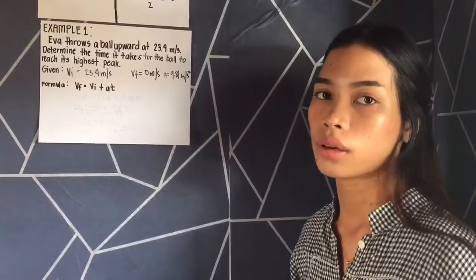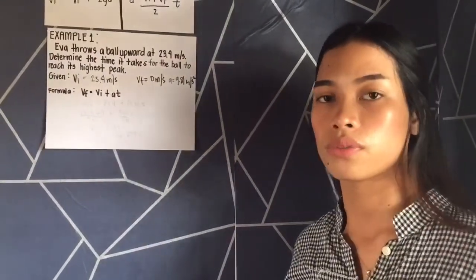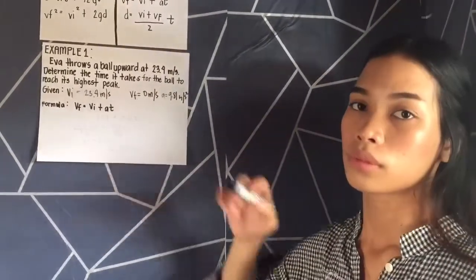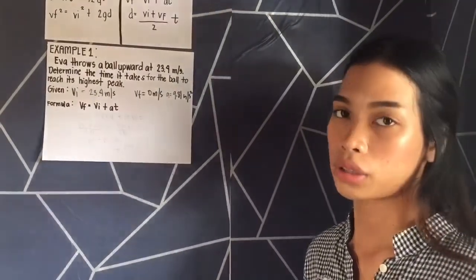So the perfect equation for this example is: v final equals initial velocity plus acceleration multiplied by time.